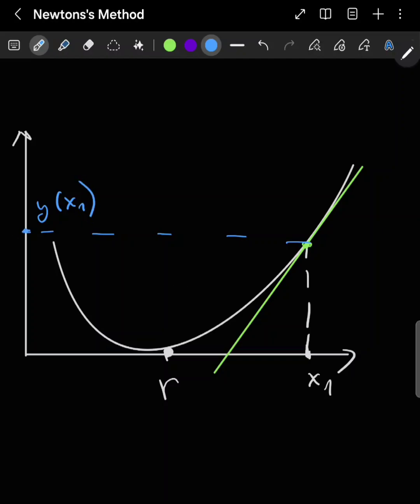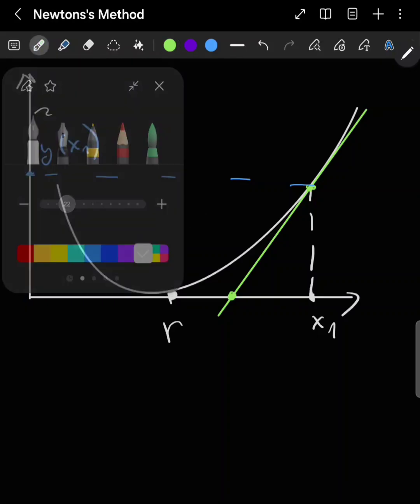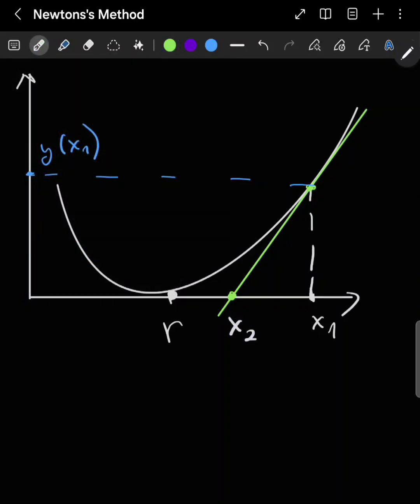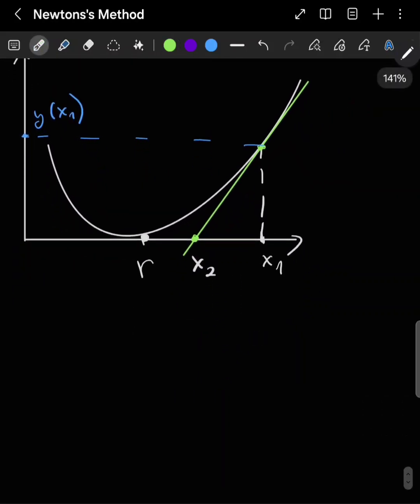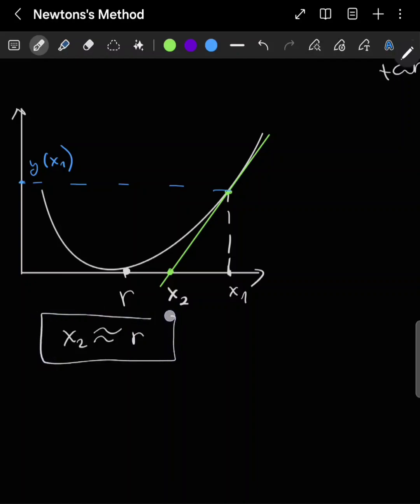Here's the y-axis. If you can see from this graph, this intersection, this point, let's call it x2. So Newton's method says that x2 is approximately equal to r. So that is Newton's method.